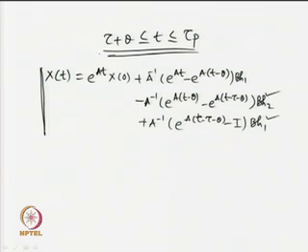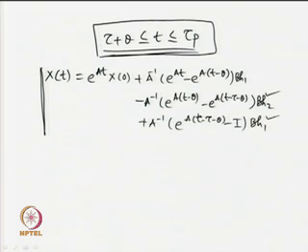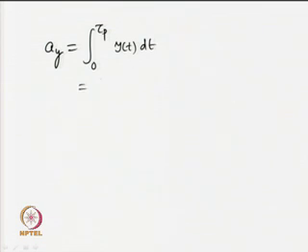So, we have been able to find the expression for x(t), the state variable for different time ranges, then it is possible to find the area of the output signal using the expression. The area of the asymmetrical output signal is equal to the integral from 0 to tau p of y(t) dt, which is nothing but, for our case, the integral from 0 to tau p of C x(t) dt.